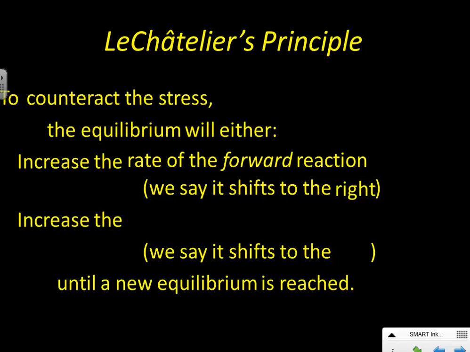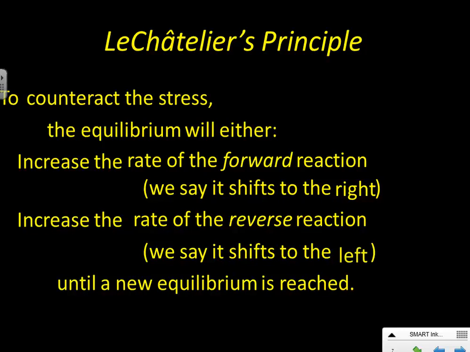Or, if that's not a way to counteract the stress, the equilibrium system will increase the rate of the reverse reaction. If the rate of the reverse reaction increases, then you're going to see more reactants formed. And we say that that's a shift to the left because the reactants are on the left side of the equation. And this will happen until a new equilibrium is reached.